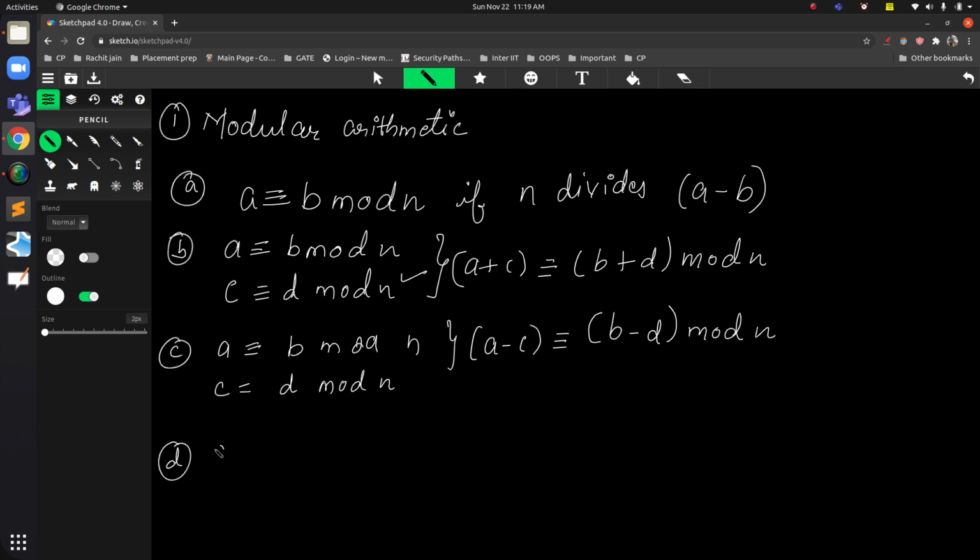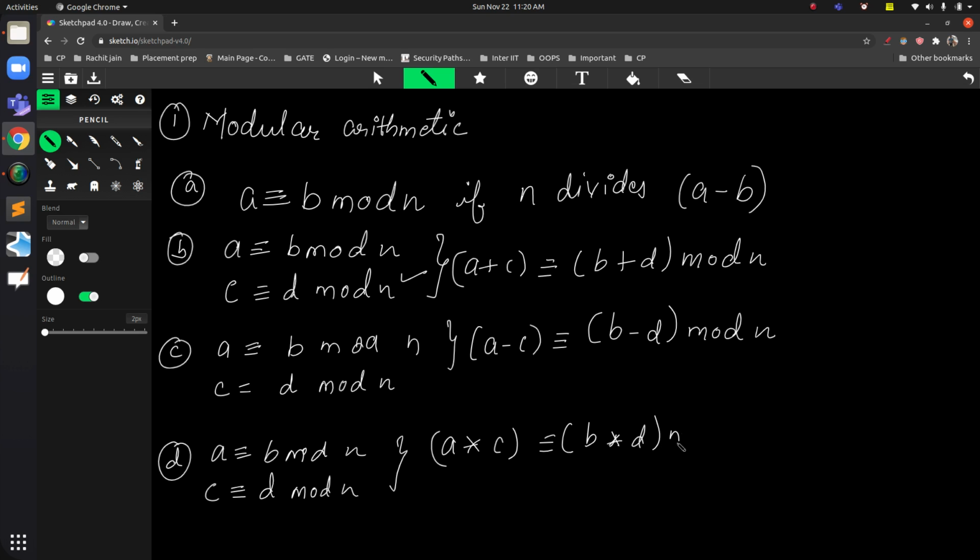So if we have A equals B mod n, sorry for my handwriting, it's new to me, and C is equal to D mod n, then A times C is equal to B times D mod n. Okay, so these are the properties that will be required while discussing our algorithms.